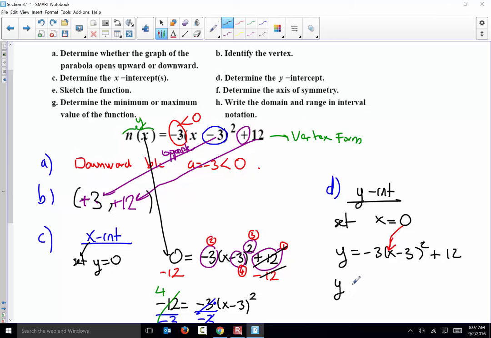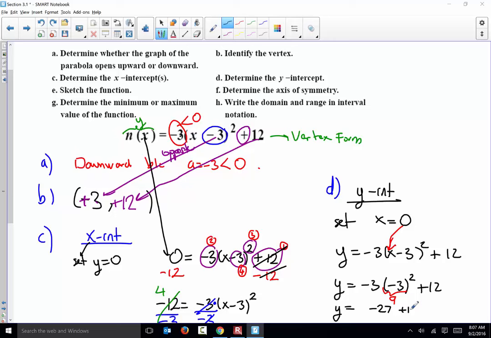So we have y equals minus 3 times (0 minus 3) squared. What is minus 3 squared? Minus 3 times minus 3 is 9. Negative 3 times 9 is negative 27.